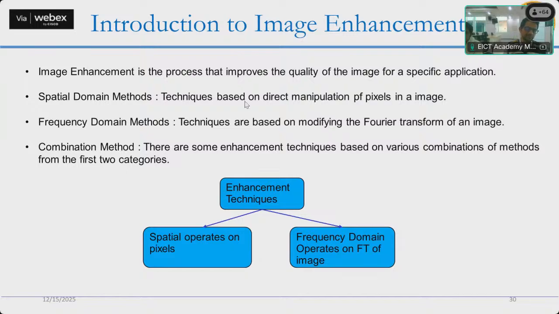Then there are the frequency domain methods. What do we mean by frequency domain methods? They are based on the Fourier transform. Fourier transform, are you aware? What does it do at a one-dimensional level?